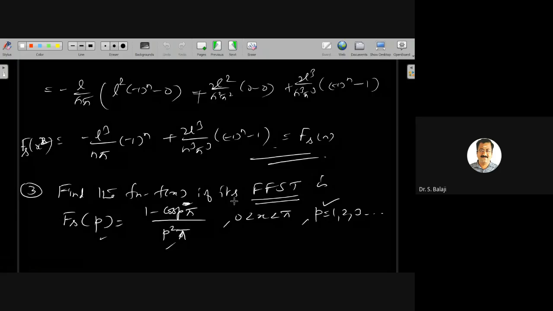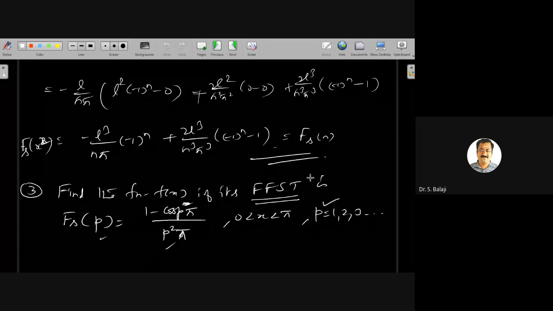Find the function f of x if its finite Fourier sine transform is Fs of p equal to 1 minus cos p pi by p square pi, 0 less than x less than pi, x range is 0 to pi, and p values are 1, 2, 3, etc.